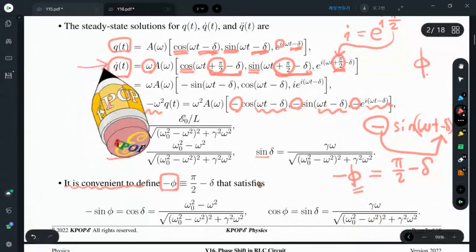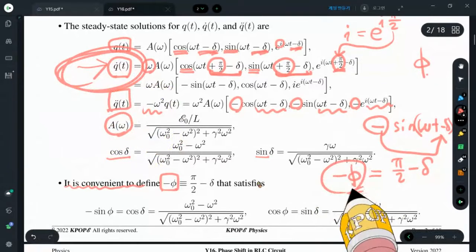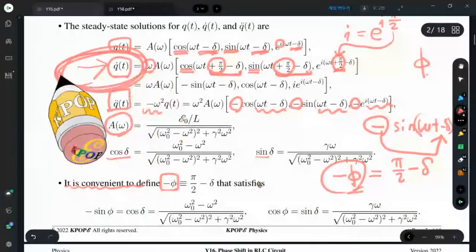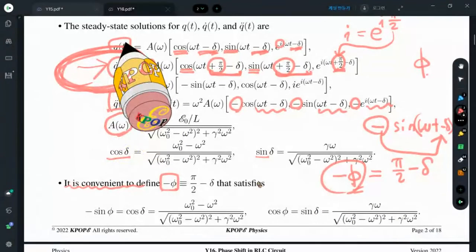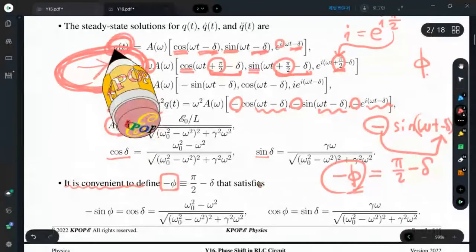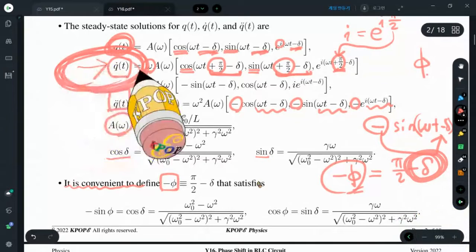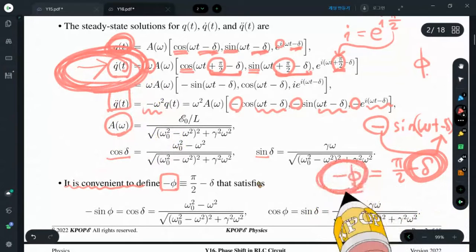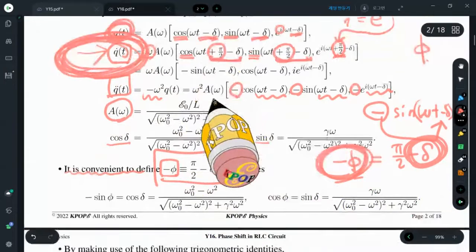When we treat the current, remember minus phi, then we are considering current instead of charge Q. When we consider charge Q, minus delta; current I, minus phi. Remember, don't forget.